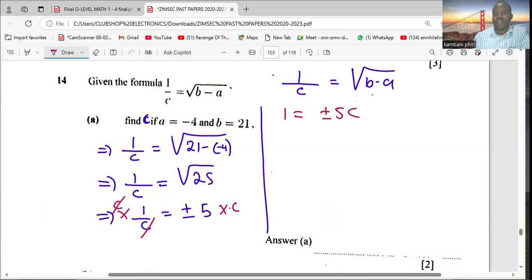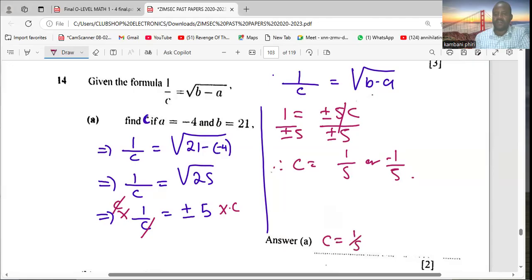So to find C, we'll divide by plus or minus 5. Therefore, C is equal to 1 over 5, or C is equal to -1 over 5. So that is our answer here. C is 1 over 5, or indeed -1 over 5, right?